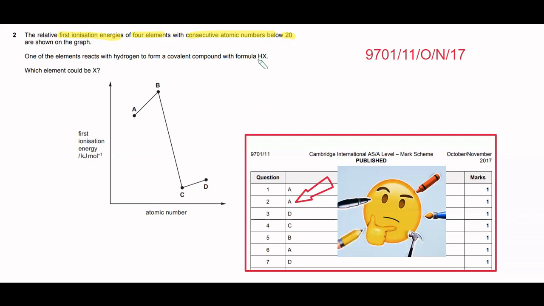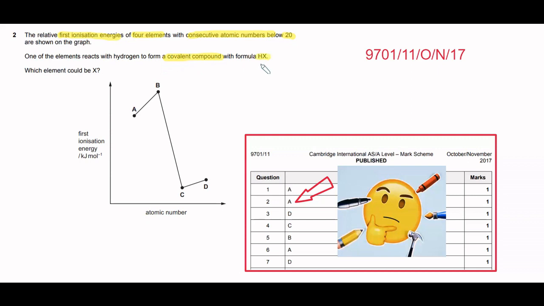Two more points to be noted. It is forming a covalent compound. Covalent compound means it is between two non-metals. Clearly, that rules out the option of group 1 or group 2. And again, it is said that it is having formula HX.